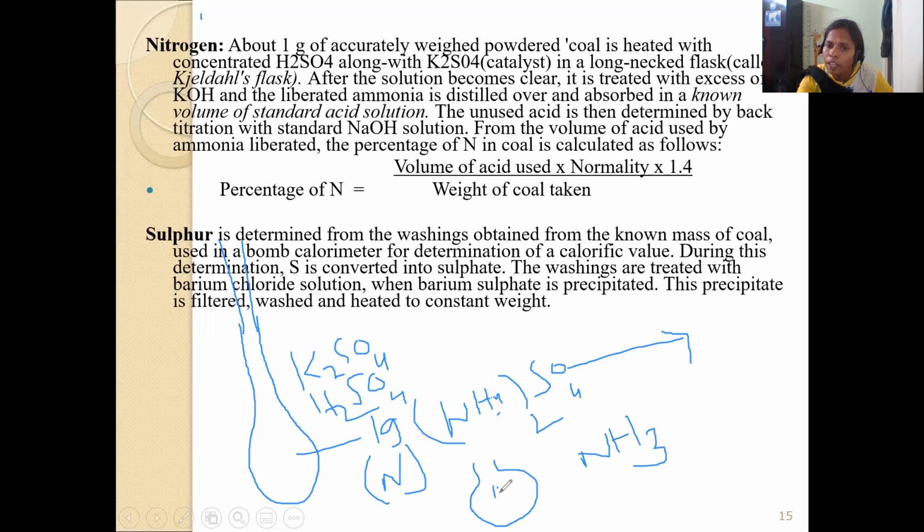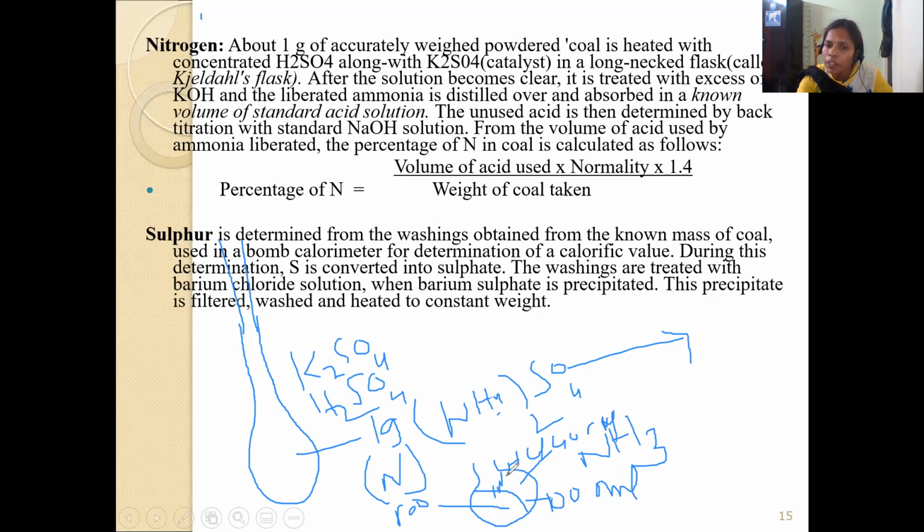Let us assume 1 normal hydrochloric acid, around 1000 ml. When we send ammonia into this 1000 ml, the ammonia reacts with a certain volume only, and the remaining volume is not reacted. That means around 600 ml reacts with the ammonia, and the remaining 400 ml does not.